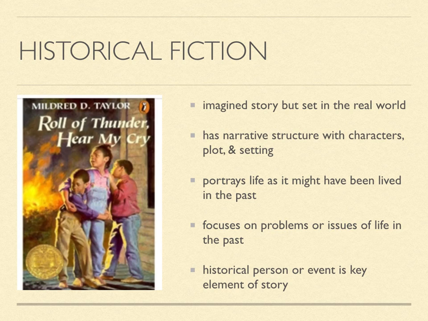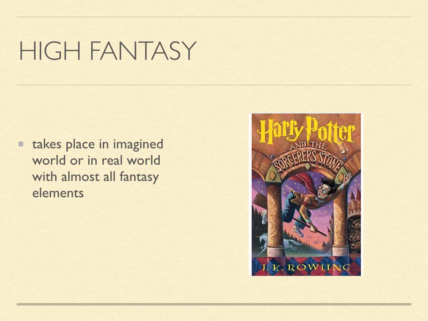So, for example, if the story takes place during the civil rights movement, then it can have all made up characters but have taken place during a specific time frame, and that time frame is key to the story. That would make it historical fiction. So an example is Roll of Thunder, Hear My Cry by Mildred Taylor.